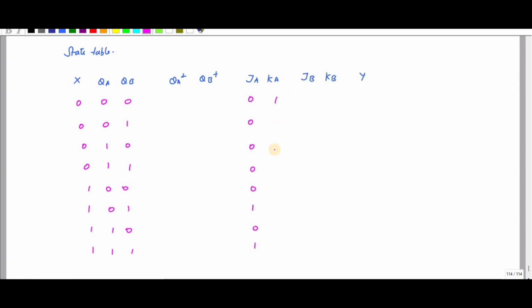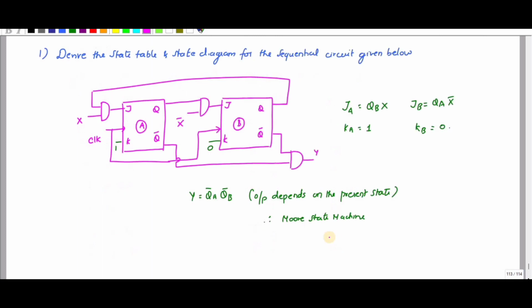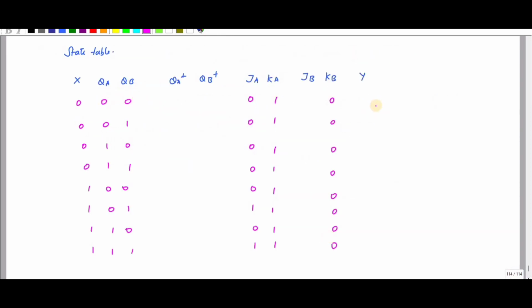KA they have given as 1, KB they have given as 0. And Y they have given as QA bar, QB bar. If any value is 1, it goes to 0. For the rest it is 1.